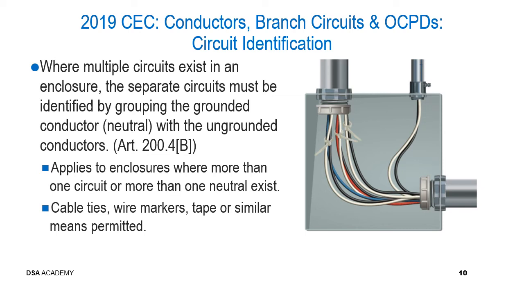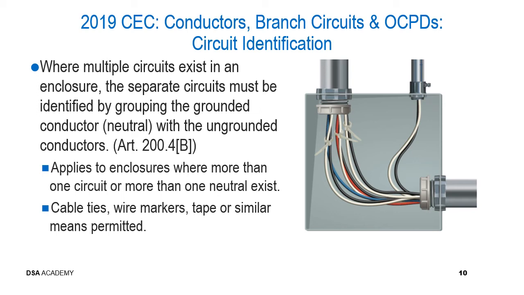The whole purpose for this is so that service personnel that would happen to open an enclosure and see a ton of wires understand which neutrals go with which ungrounded conductors, whether it's a multi-branch circuit or a single branch circuit. So the requirement is identified in Article 200.4(B) of the California Electrical Code.